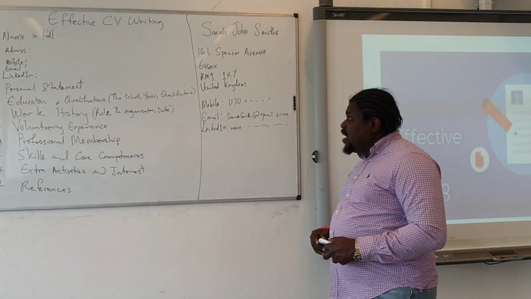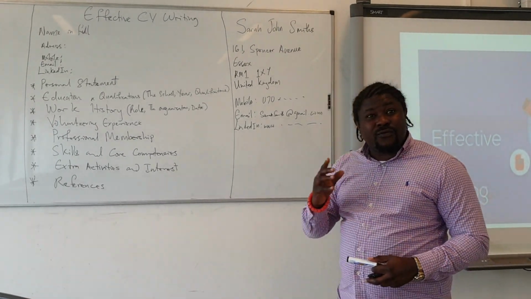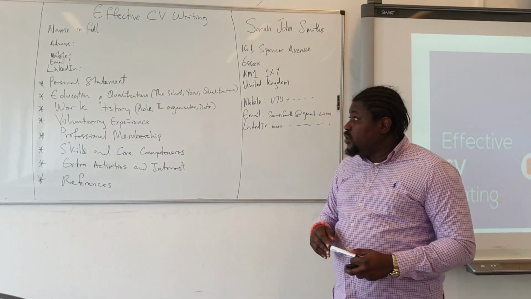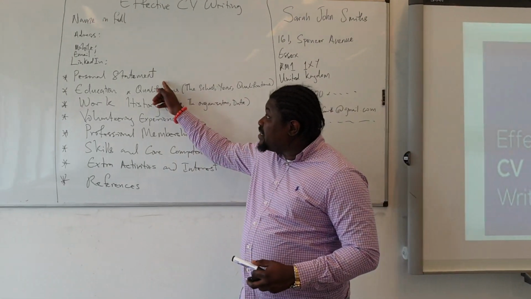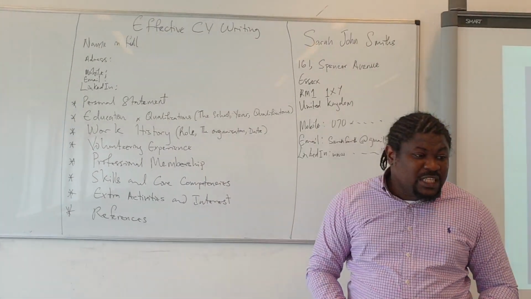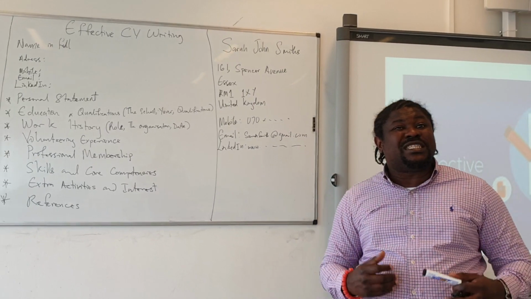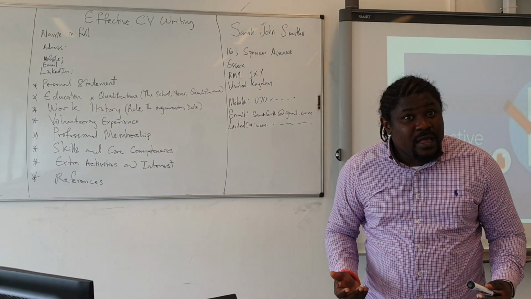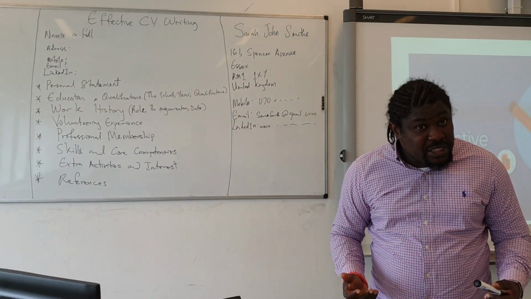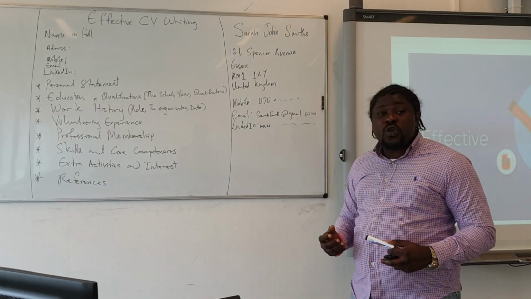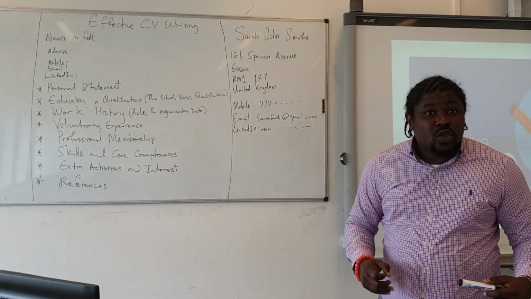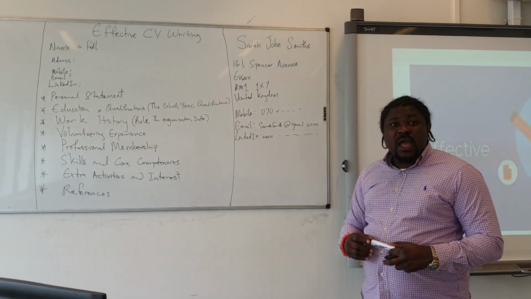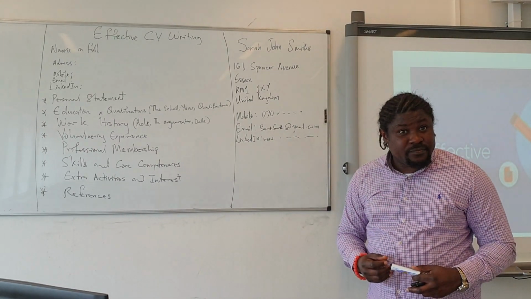After this is done, the first sub-heading that you want to have on your CV is a personal statement. On this personal statement you want to describe who you are in terms of education. You want to describe who you are professionally. You want to describe a bit of your core competencies.